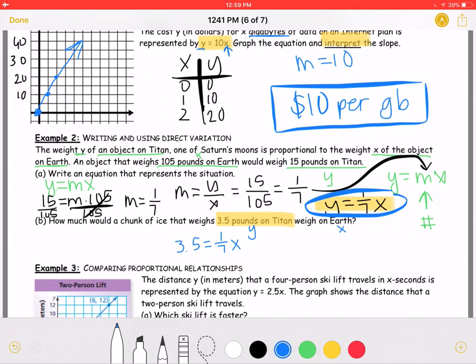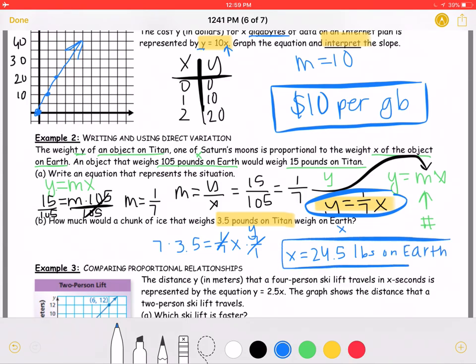We could divide by 1/7, or dividing by a fraction is the same as multiplying by its reciprocal. Remember this? So multiply 3.5 by 7. This object would weigh 24.5 pounds on Earth. That's our final answer.